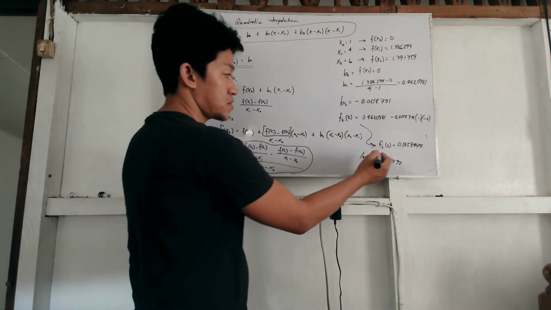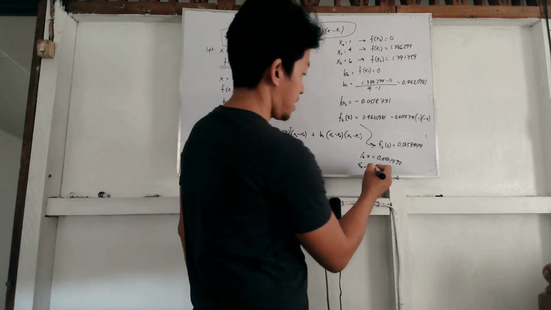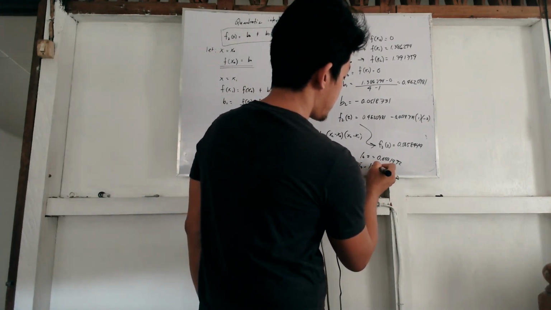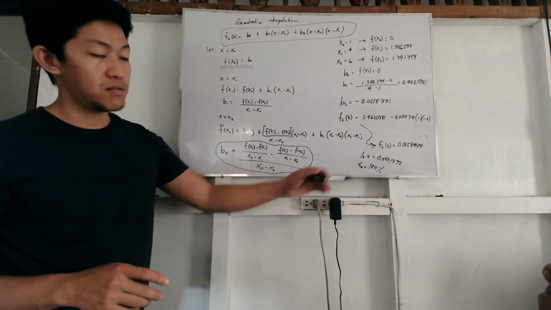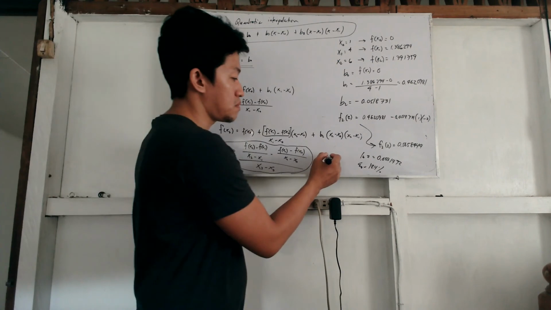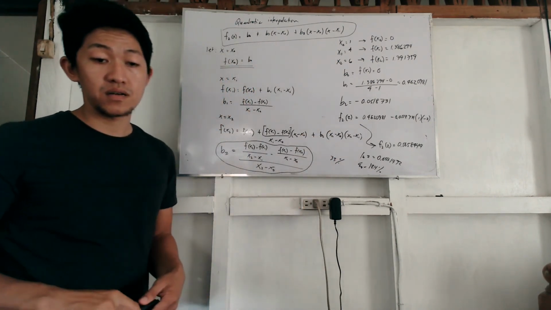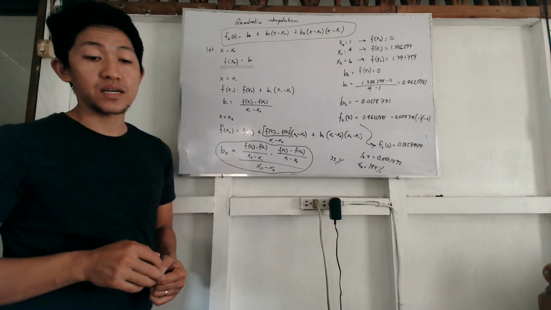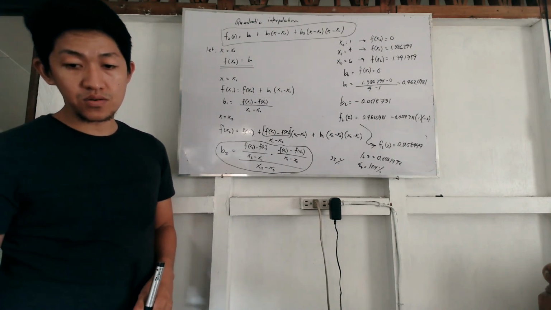So this gives a true error of 18.4%. Okay, so this is a very good improvement from 33% using linear interpolation.